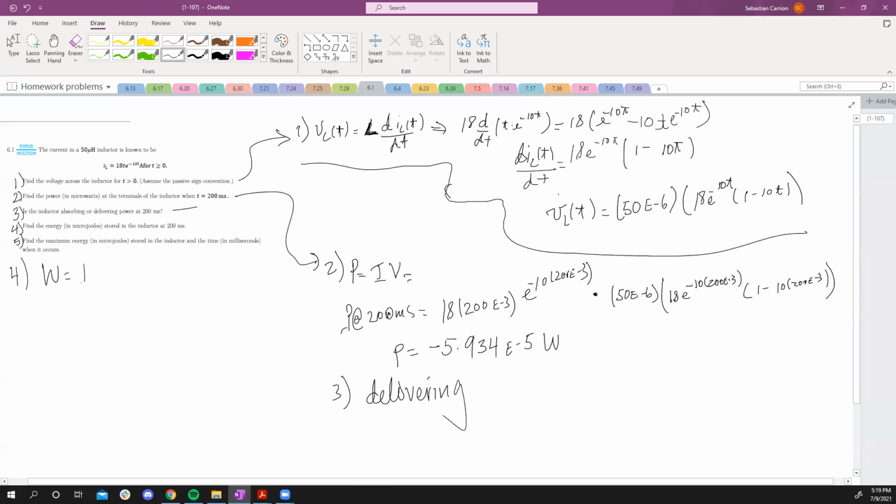So our equation for the energy inside the inductor would look like this, and then at time, we plug in this.